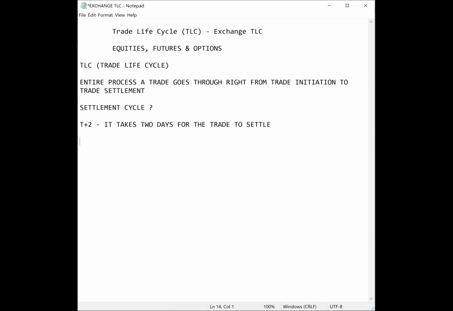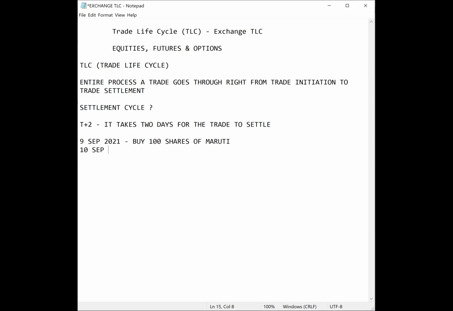Okay, sir. So guys, let's say what is the date today? 9th September, right? 9th September 2021. You buy 100 shares of Maruti. You go to the broker portal with which you have the account and you order to buy 100 shares of Maruti.